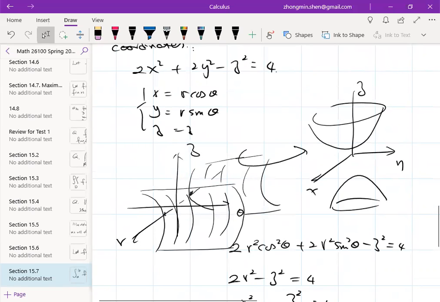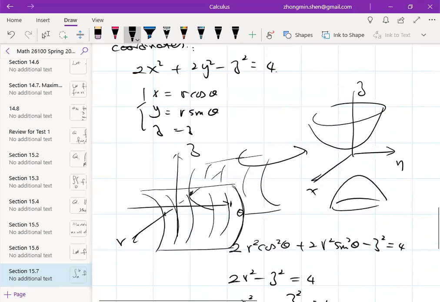Yeah, it's hard to understand. Hold on, I made mistakes. Yeah, no restriction on theta, I think so. But these two sheets are hard to imagine. Theta is between 0 and 2 pi, so you stop here. There's only one piece, it doesn't go to infinity.